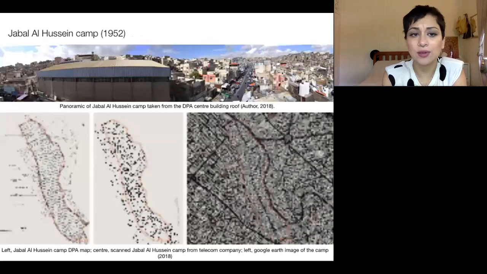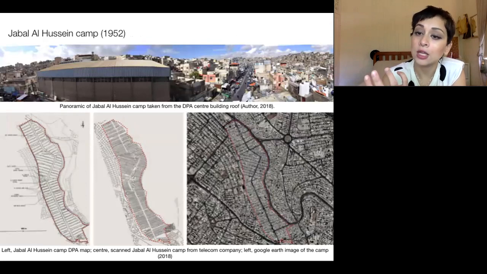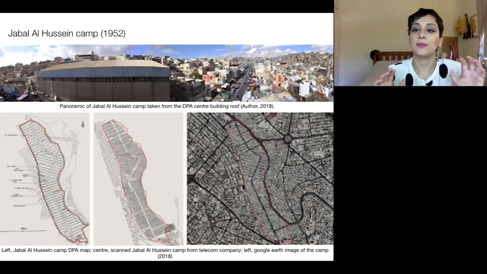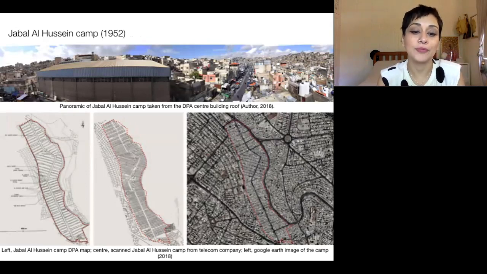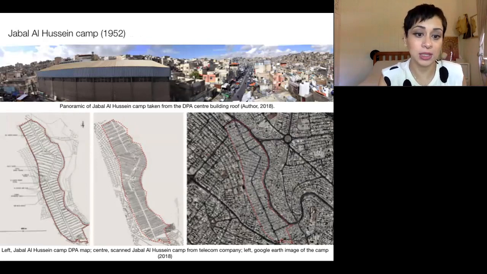It hosts 80,000. So Jabal Hussein camp, right now it's in the middle of the capital city in Jordan, Amman. But when it started, it was on the borders of the city. But over the years, the city grew, and now it became a pocket of the city. It hosts the Nakba Palestinian refugees.